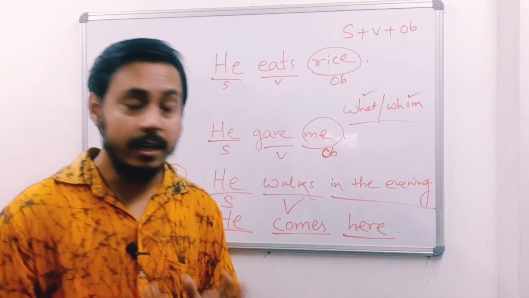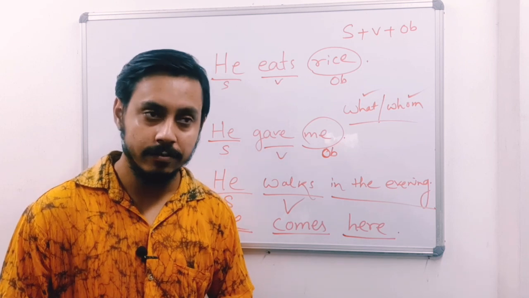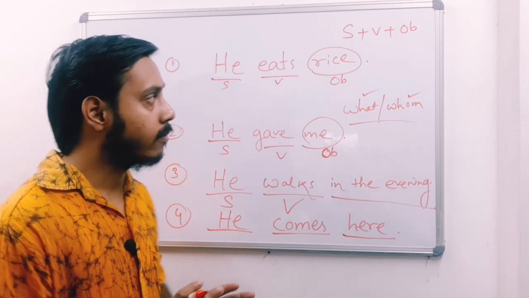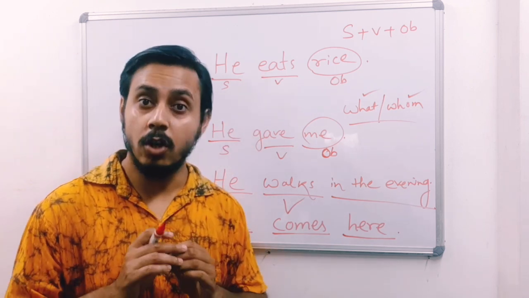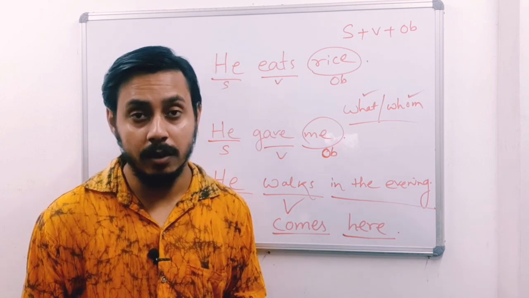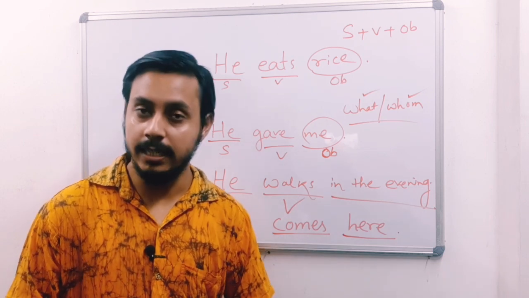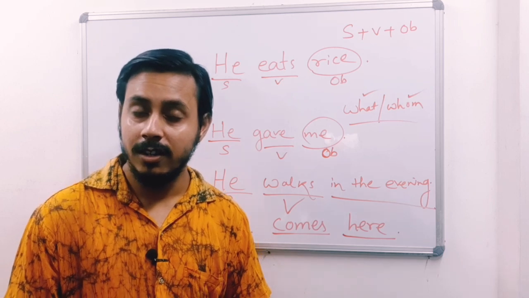So from these 4 examples, it is obvious, it is clear that each and every word which is put just after the verb is not always an object. Some words may be objects, some words may not be. Now how will you identify? How will you recognize whether the word put just after the verb is an object or not?